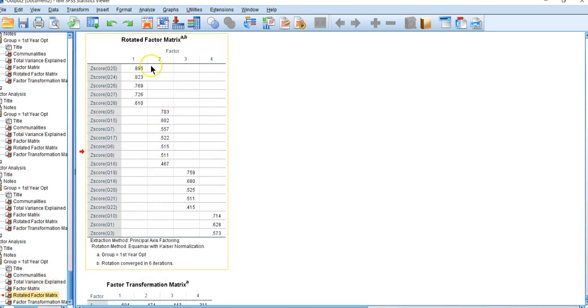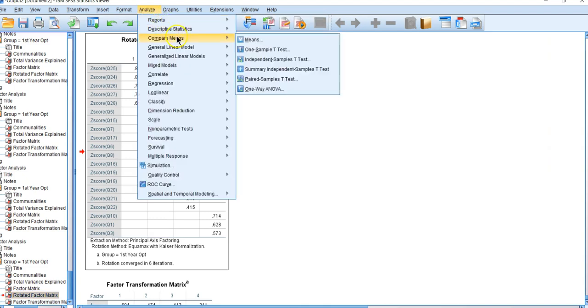All right, here we go. 4 factors. Interesting. Okay, so let's score them now. We're going to just have these 4 factors. We're going to look and see what they are in a minute.